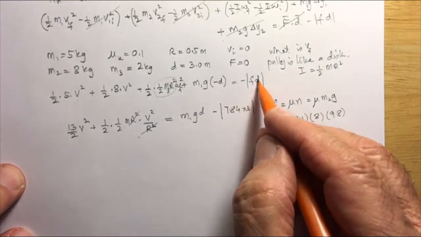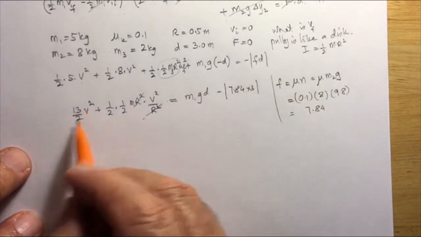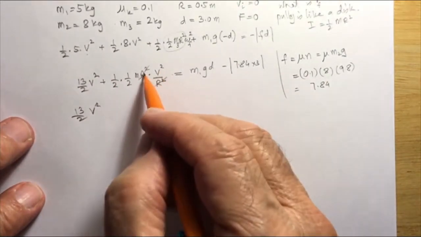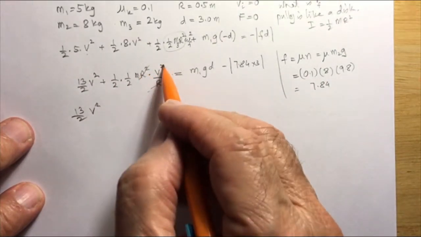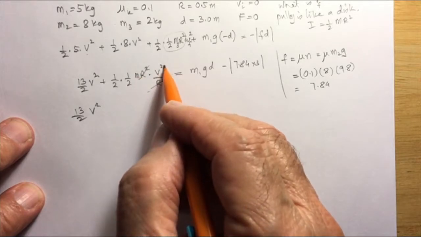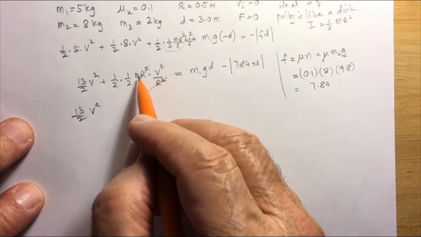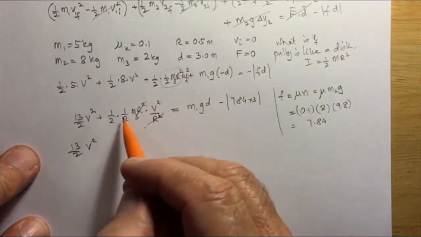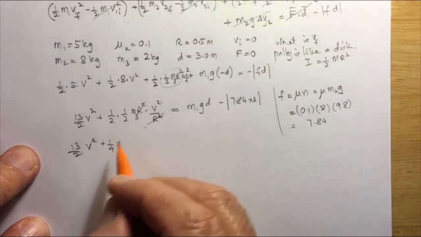The friction times the d. Now this is 1/2 I omega squared, which is 13/2 v squared, and this is 1/2 m v squared, and the m is m3, that's the pulley. So this becomes 1/4.